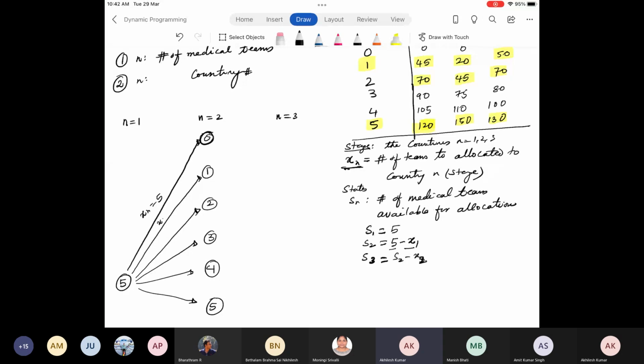If I allocate 4 teams to country 1, let me write it as X1. X1 is the number of teams allocated to country n. So the decision I'm taking is to assign 4 teams to country 1. Then I'm left with only 1 team for countries 2 and 3. Does that make sense?